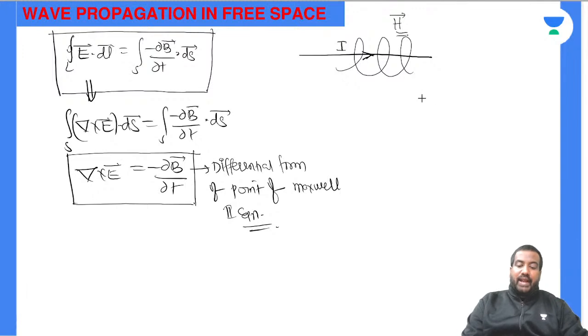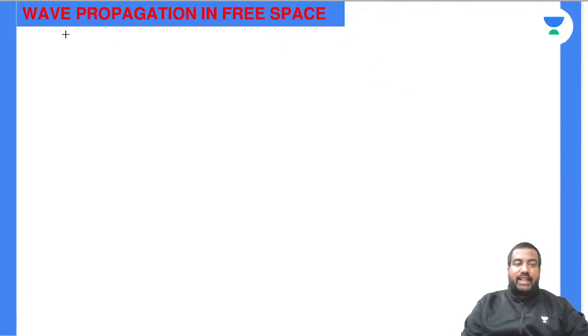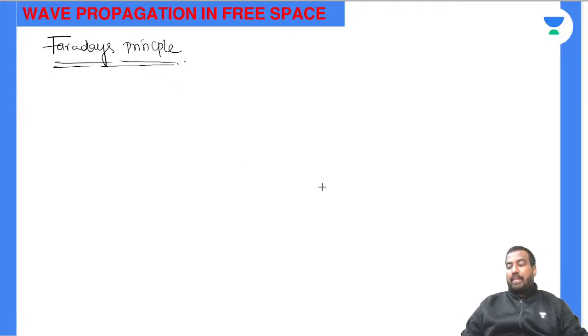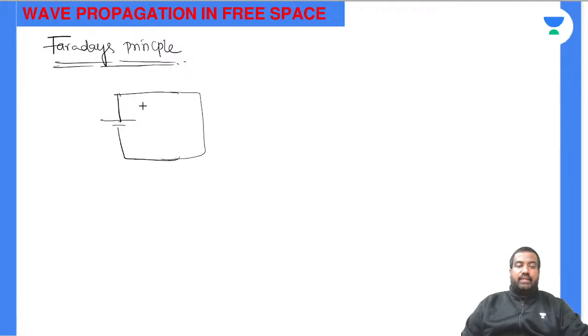Many of you know Faraday's law, but you need to understand it from Faraday's principle. You know what is Faraday's principle? According to Oersted, whenever there is a DC current in a given circuit, there will be a magnetic field associated with this current.